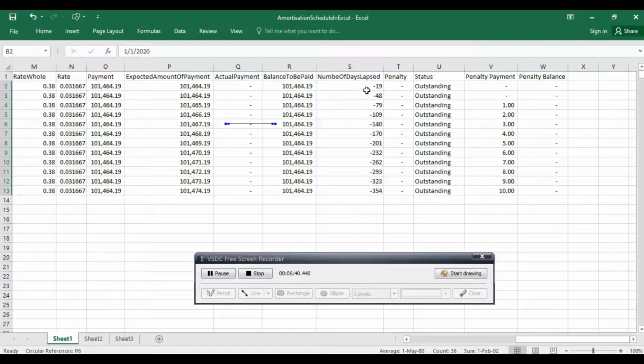It means there are 19 days remaining for this customer to pay. So these are the number of days remaining from today's date.